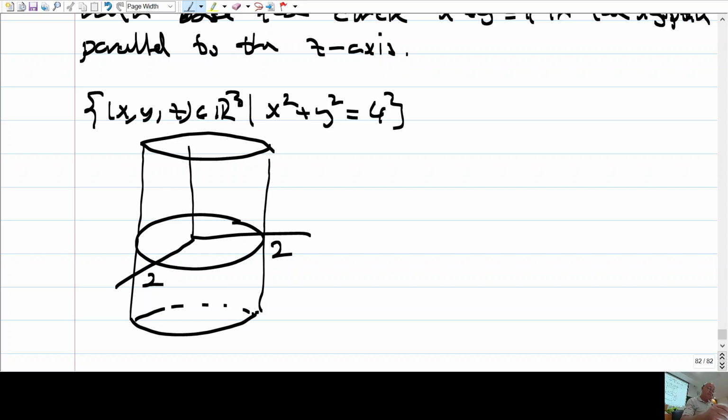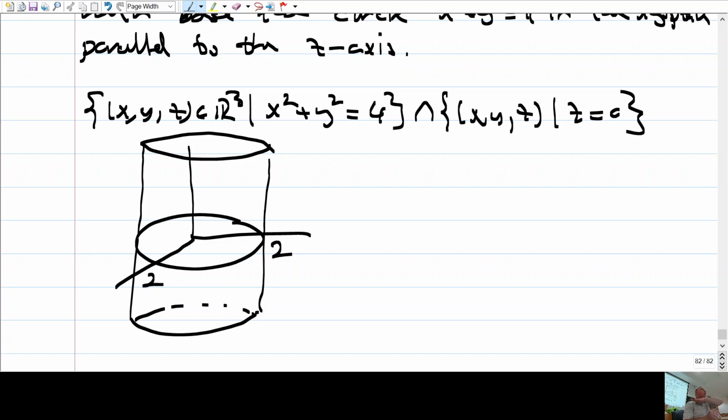Why is that? You may think of it this way. Just take this and take its slices for any z. So, for example, consider this thing and its intersection with z equals c. So it means what? This is the plane z equals c, right?